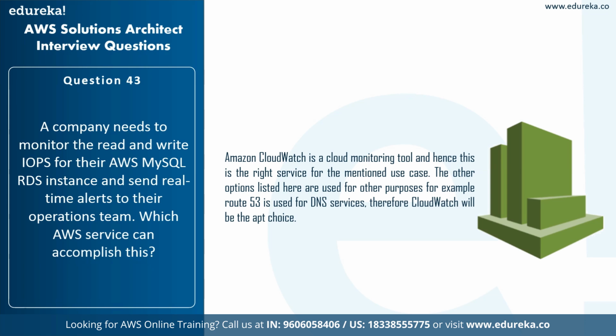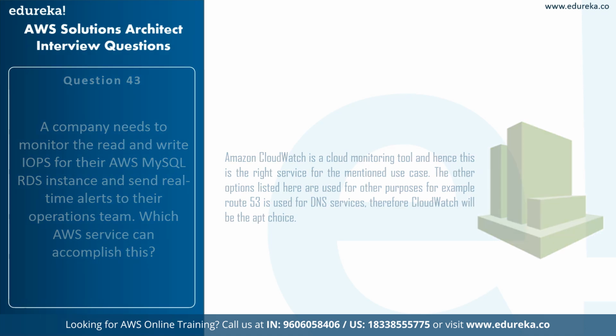Now, this is a cloud monitoring tool, and hence this is the right service for the mentioned use case. Now, the other services can be used for other purposes, like you can use the Route 53 for DNS services. Thus, for this particular case, you should opt for CloudWatch service in Amazon, and this will be the apt choice.